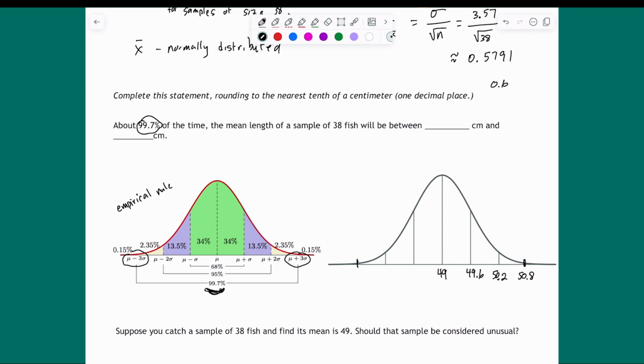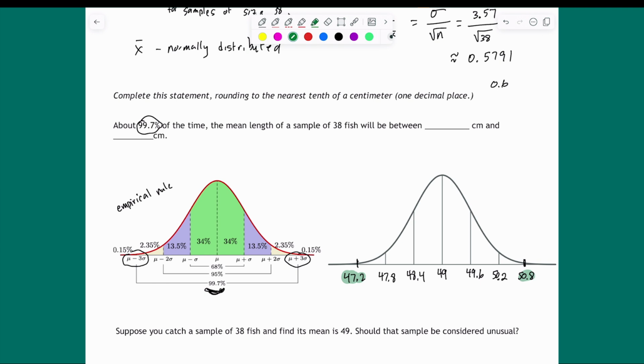Let's go down by standard deviations: 1 standard deviation, 2 standard deviations, and 3 standard deviations. We have 49 minus 0.6, so we get 48.4. Let's do that again. Subtract 0.6, we get 47.8. Let's do that again, so we get 47.2. So we know that 47.2 and 50.8 are 3 standard deviations below and above the mean.